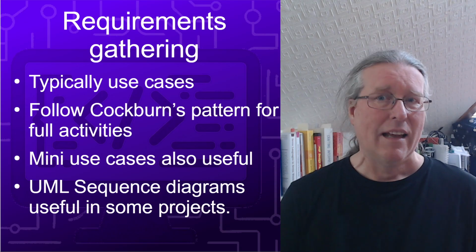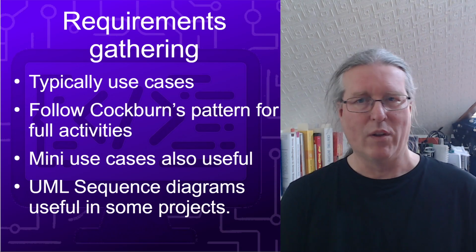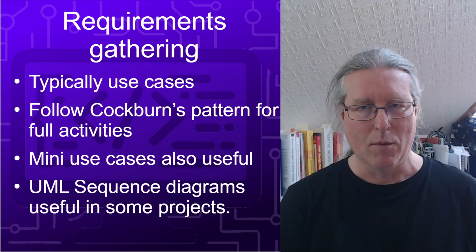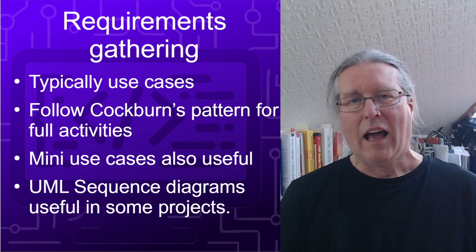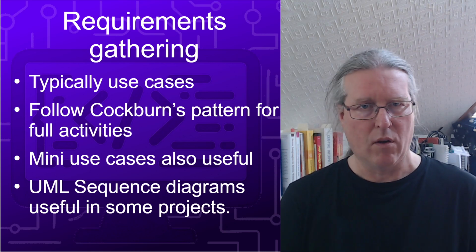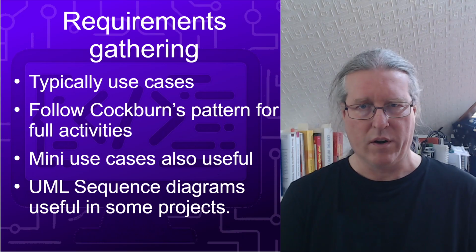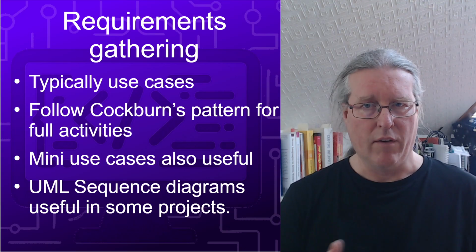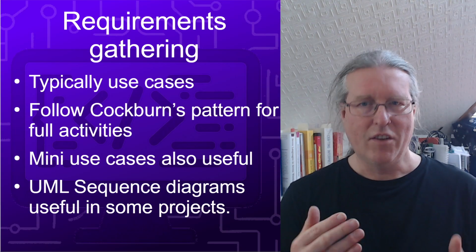Requirements gathering, typically, with a project for an employer, you'd be talking to end users and things like that. And you create use cases. There's a very good book by Alistair Cockburn about use cases, which is worth reading if you ever want to use them as a way of developing.